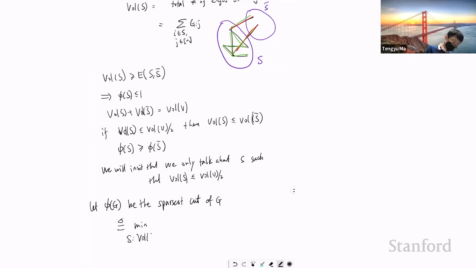But again, you require that S is the smaller side of the two cuts. So you minimize the conductance of S with the constraint that the volume of S is less than the volume of V over 2.